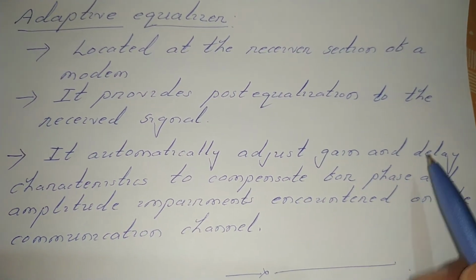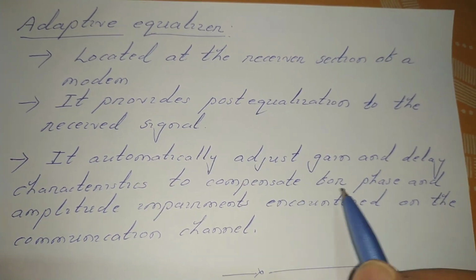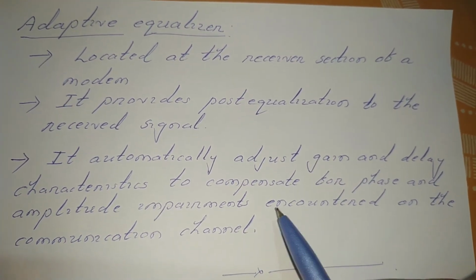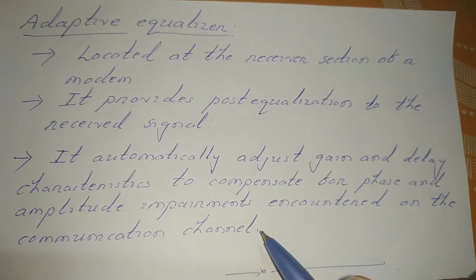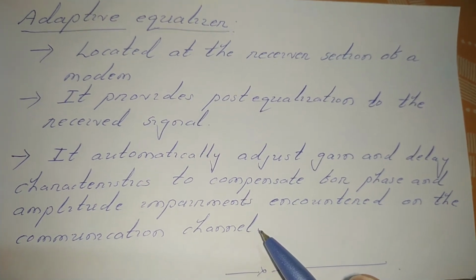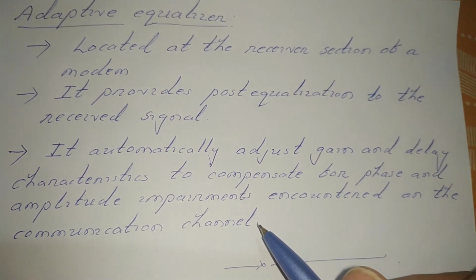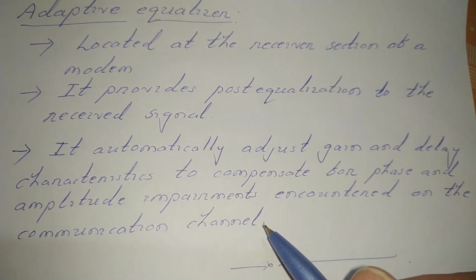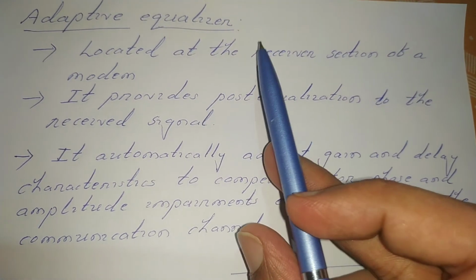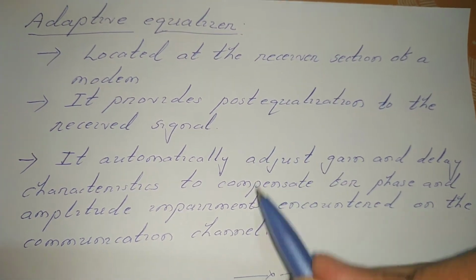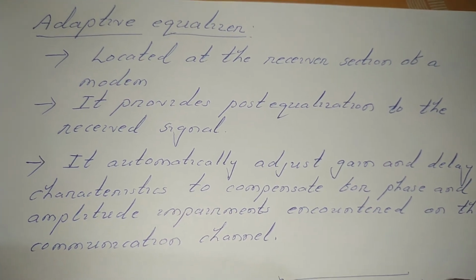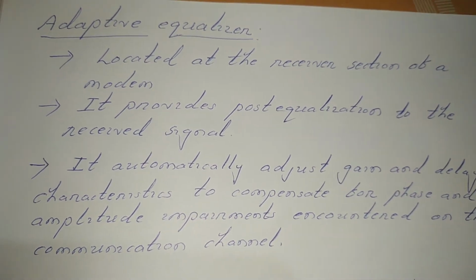It automatically adjusts gain and delay characteristics to compensate for phase and amplitude impairments encountered on the communication channel. Whatever impairments are encountered can be equalized by the adaptive equalizer as per the need, and the settings can be adjusted automatically or dynamically. Okay, that's it. Thank you.